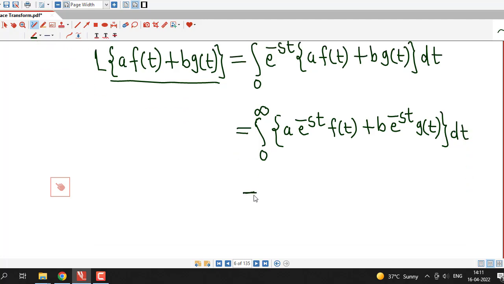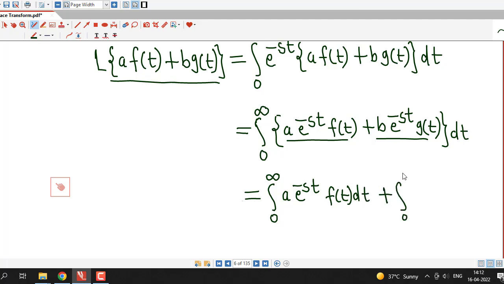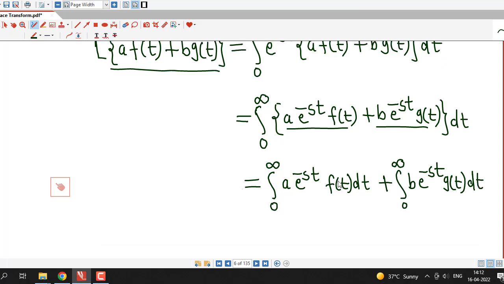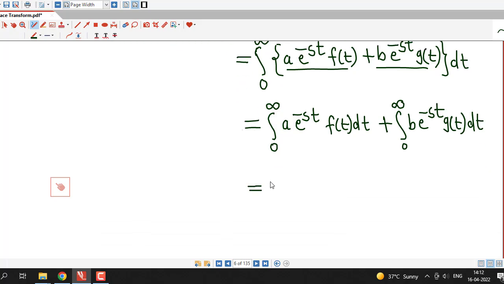Now we know that the integral is a linear operator, so we can write the integral of the addition of two functions equal to the addition of the integrals of these two functions. So this is equal to the integral of the function a times e raised to minus st f of t, plus the integral of another function b times e raised to minus st times g of t. The integral is with respect to t, and we can take terms which are independent of t outside the integral.